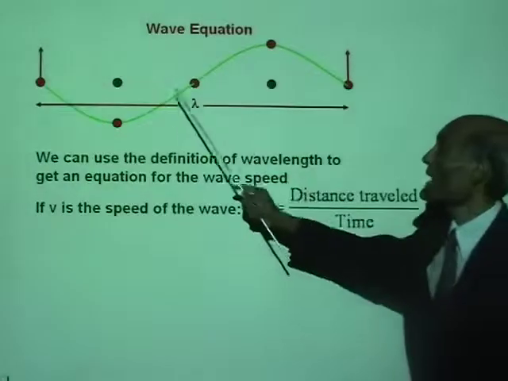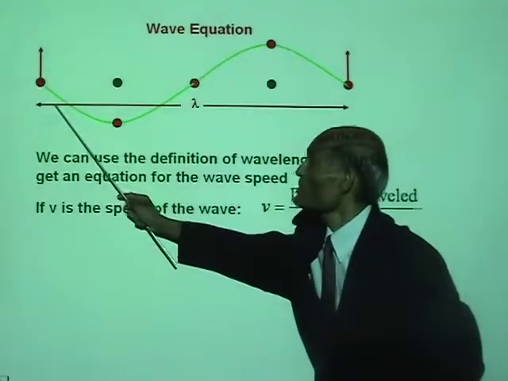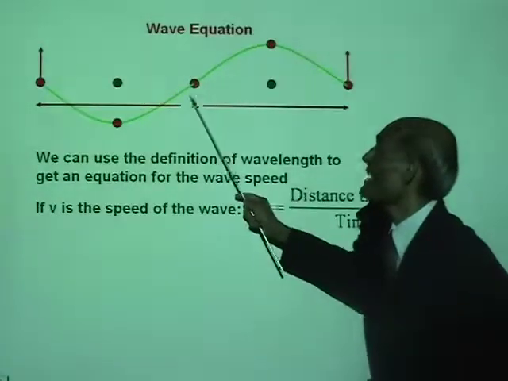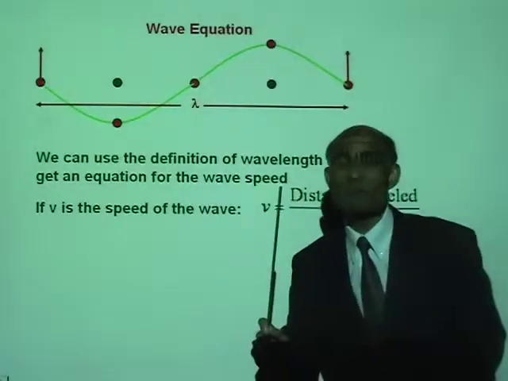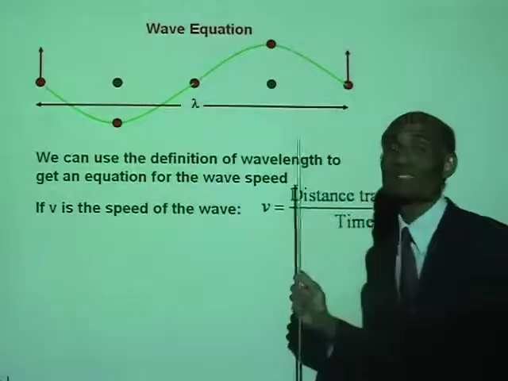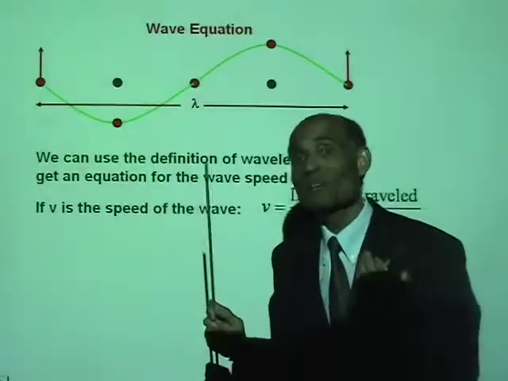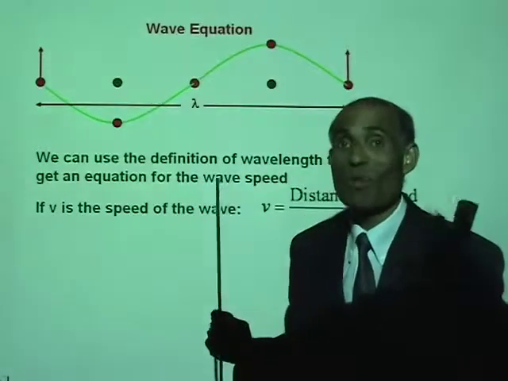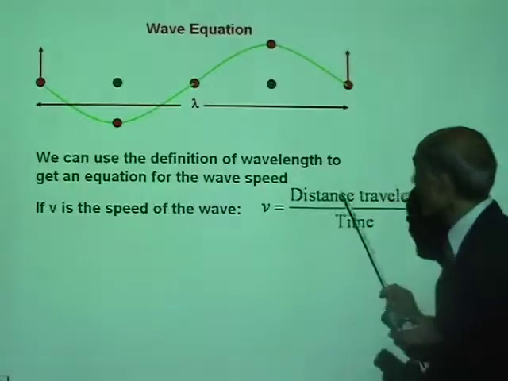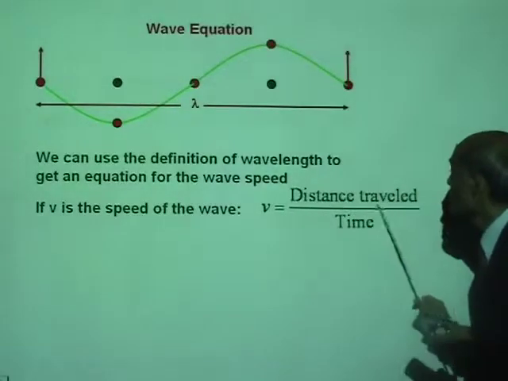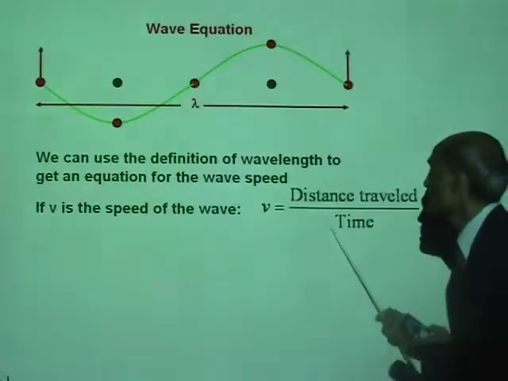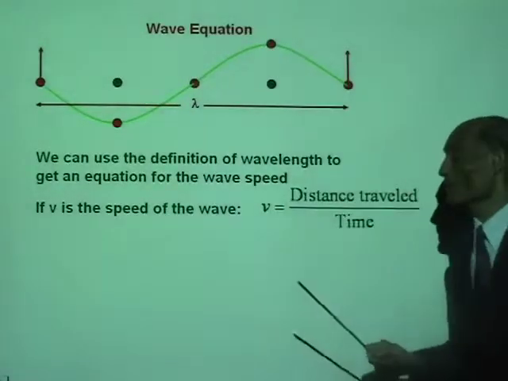Now let's go over here. When the distance traveled by the wave is one wavelength, what is the time taken by the wave to travel one wavelength? The time taken is the period. So if this distance is the wavelength, then this time will be the period.